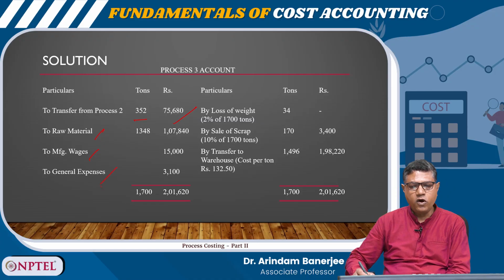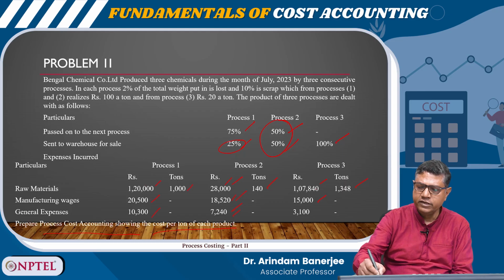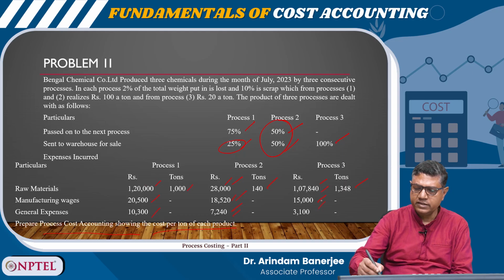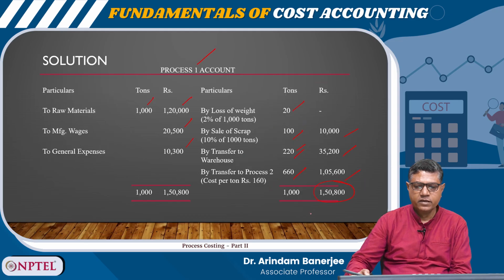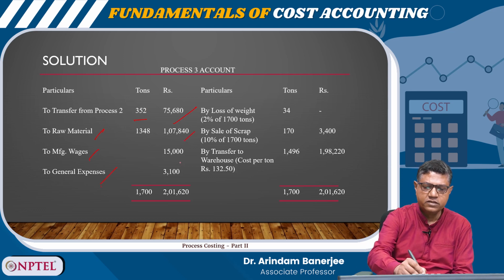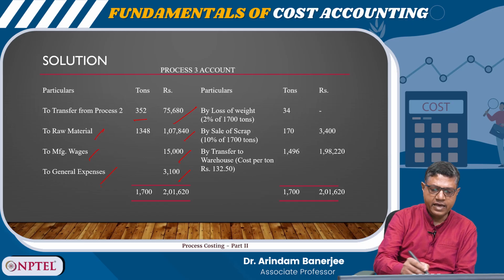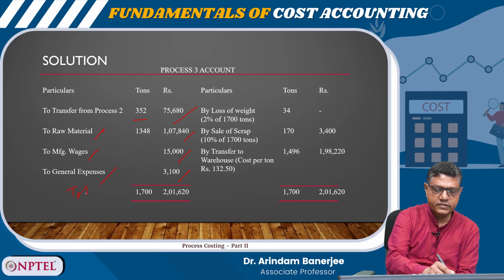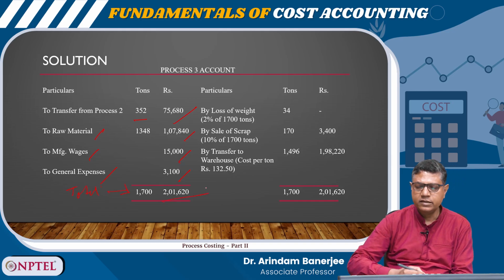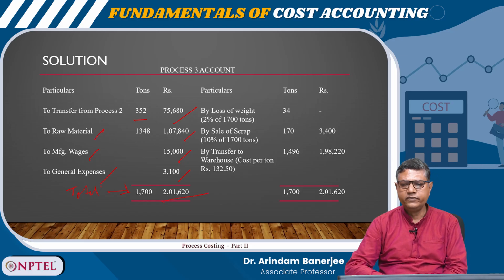Raw material is 1,07,840, manufacturing wages 15,000 and general expenses 3,100. If I add, I get the total here, 2,01,620.